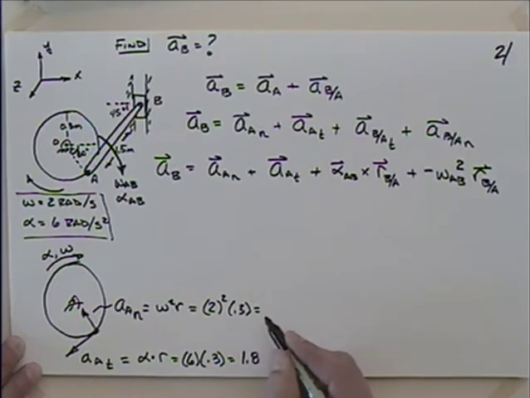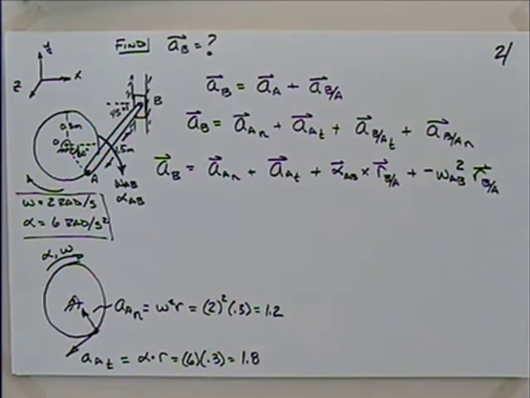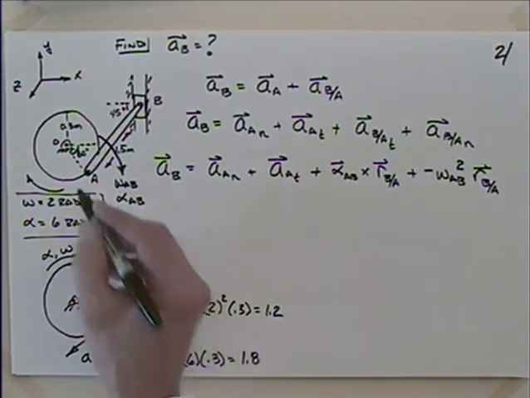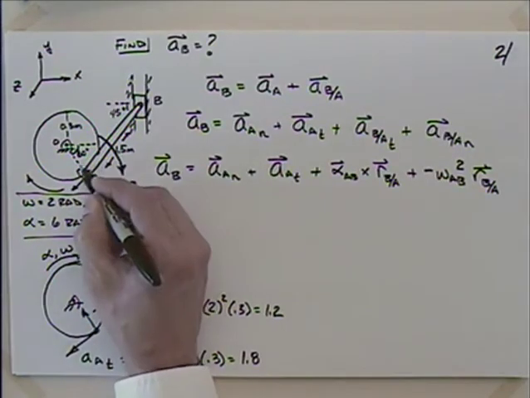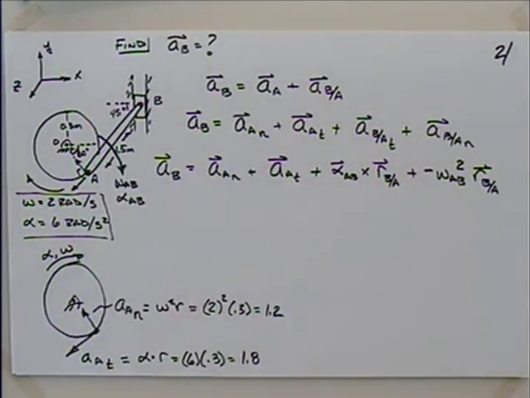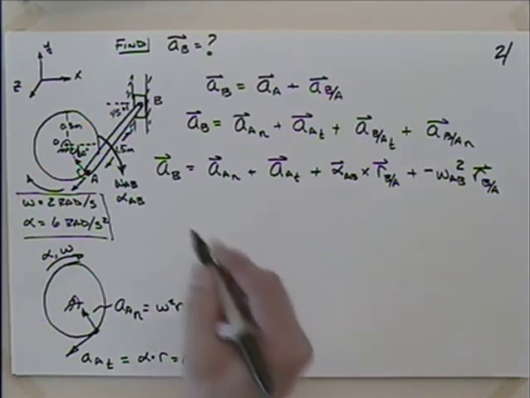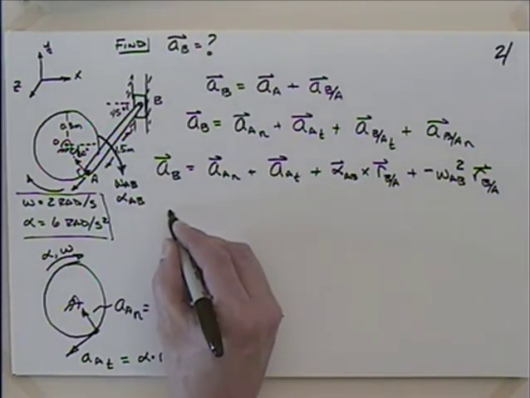So what's that turn out to be? 1.2, yeah, 1.2. Okay. And if I go back to this picture, those are acting in this direction that is perpendicular to that and parallel to that, right? Because I'm going to have to break those up. So I can start to put this whole thing together.